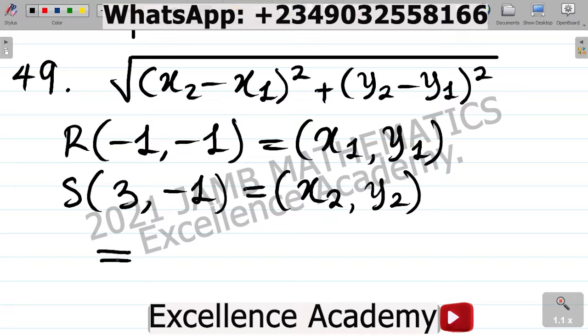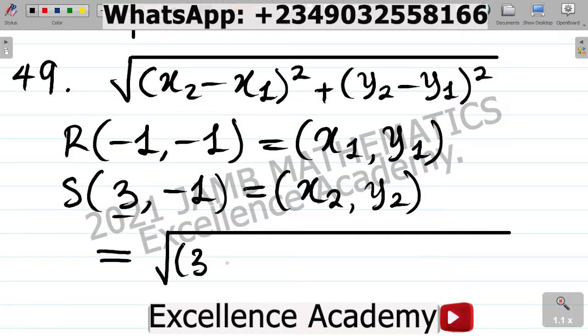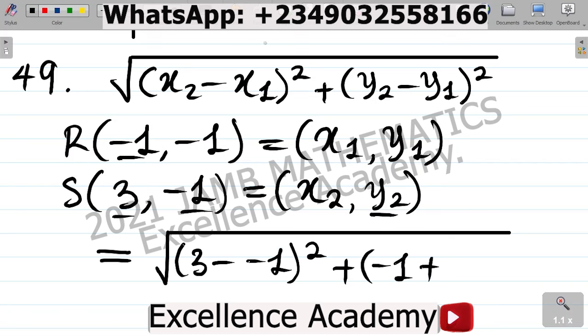The distance between the points will be equal to the square root of x2 minus x1. So x2 is 3, so it becomes 3 minus x1, and x1 is -1. So 3 minus -1, all squared, plus y2 minus y1. y2 is -1, minus y1, that becomes -1. This all squared.